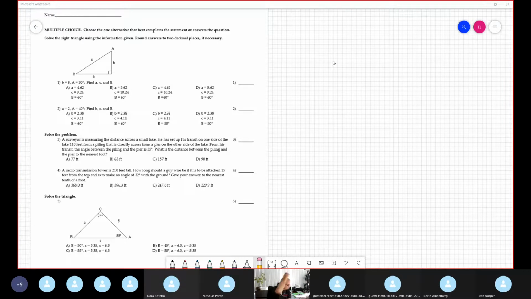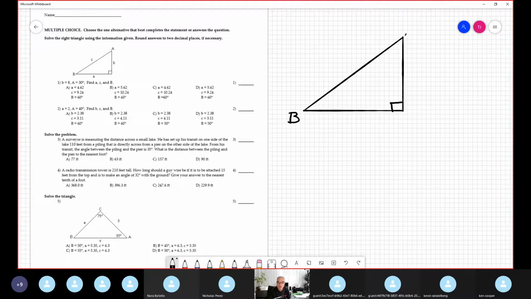Okay, let's do the first problem. The information given is B is 8, and we have a right triangle, of course. This is B angle, this is A angle, this is C angle. Normally C is called the right angle.